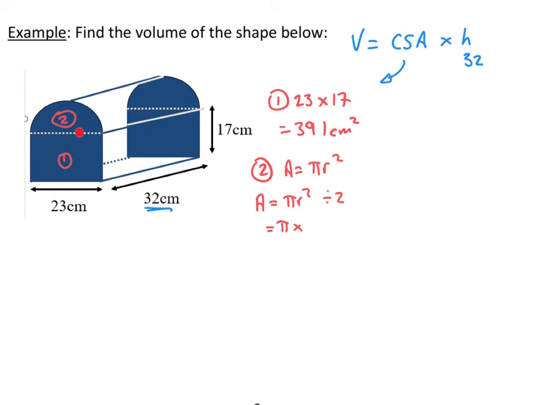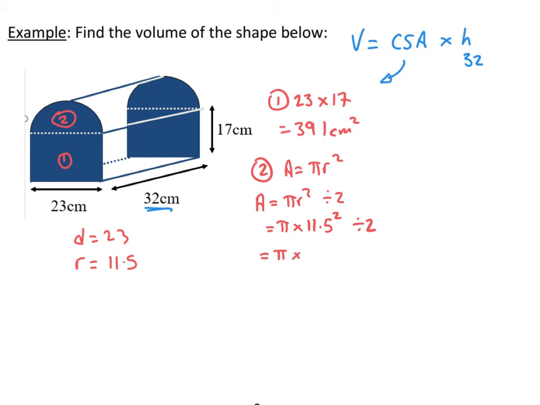The base of the semicircle then is also going to be 23, and the base of this semicircle is its diameter. So if the diameter is 23, the radius, which is half of that, is going to be 11.5. So the area is pi times 11.5 squared, and then we'll divide that by 2.